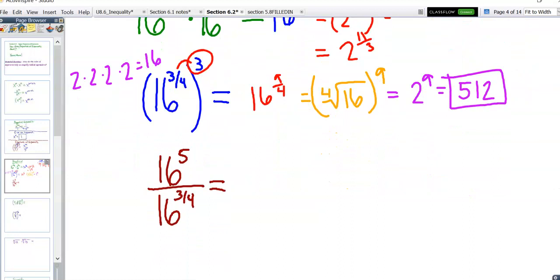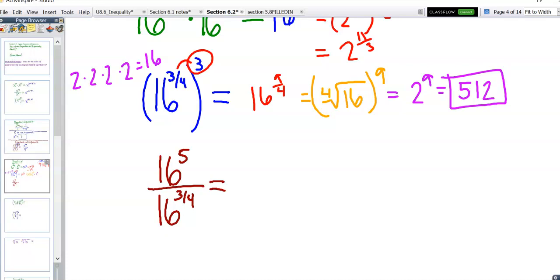We can look at one more on this slide. And again, it might help to keep in mind that so far we have been substituting this base of 16 with 2 to the 4th, because that can help make our algebra just a little bit easier. So for 16 to the 5th power, again, I'm not going to write 16.